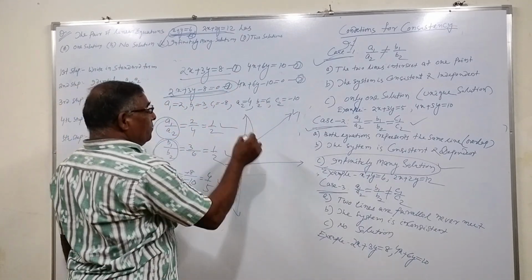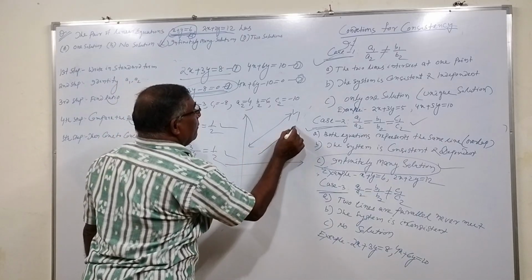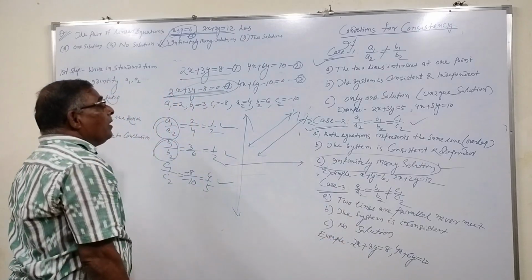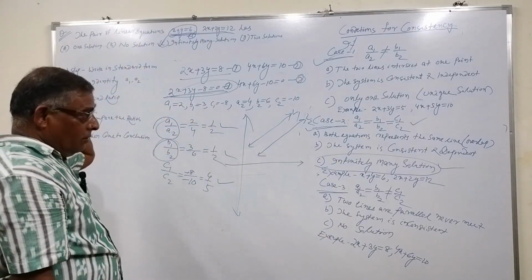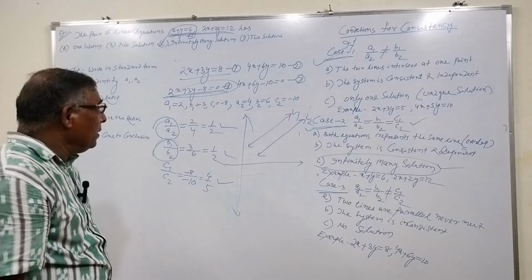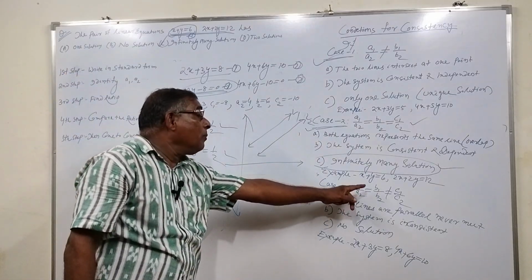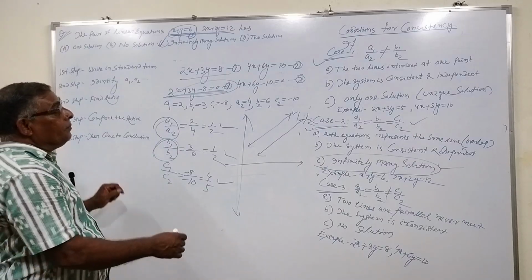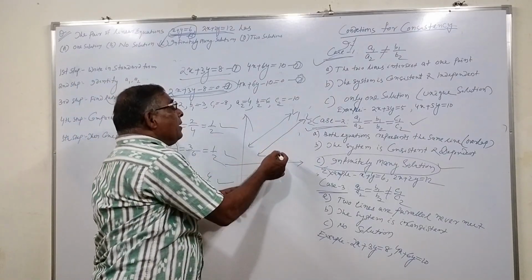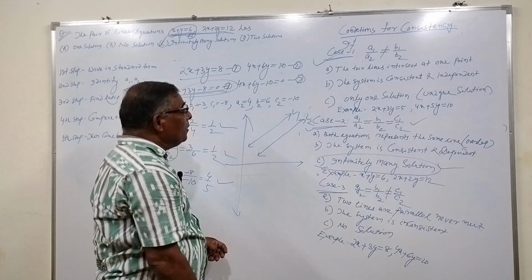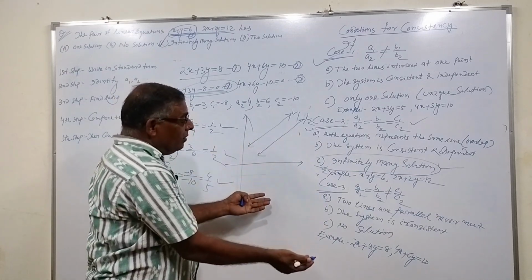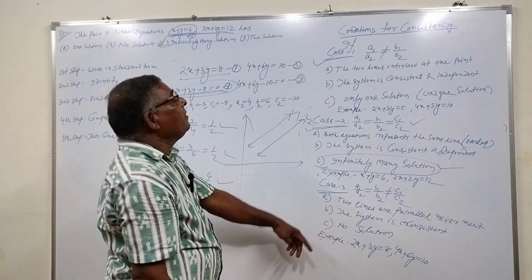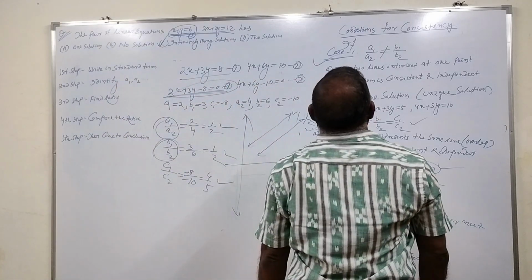For equation 2, another line L2, they will be parallel to each other. They never meet if A1 by A2 equals B1 by B2 is not equal to C1 by C2. If they never meet, they have no common points, so there is no solution. The system is inconsistent.